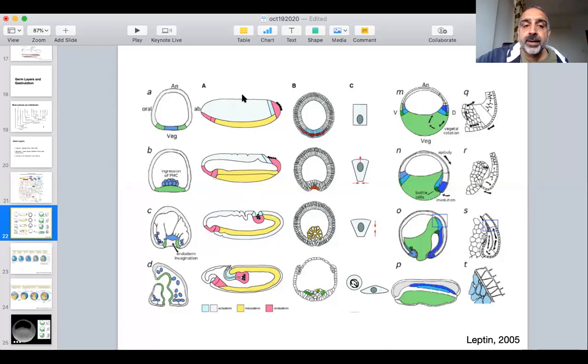Here we're looking at this next panel here. We're looking at Drosophila. Again, the mesoderm is induced in this structure here. It will invaginate.